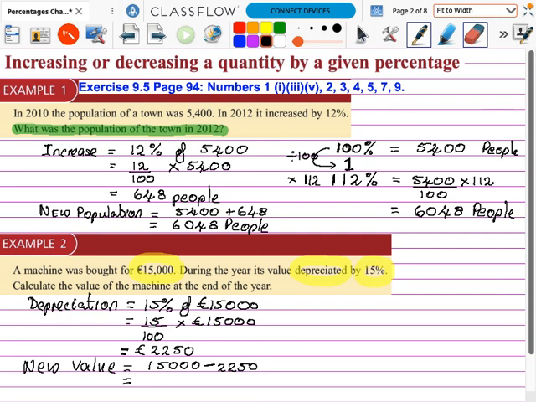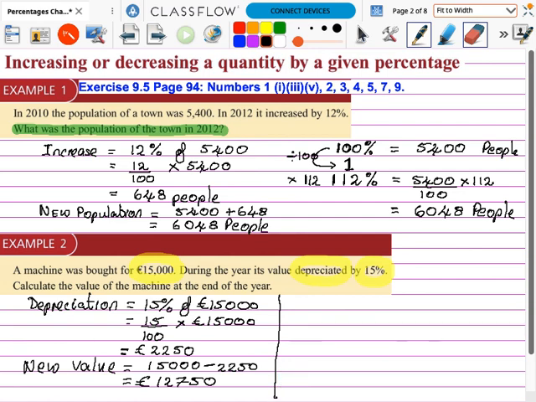And again, you can pause the video while you work it out yourselves. But the answer should be 12,750. And make sure you put the euro symbol at the front so you don't lose a silly mark.